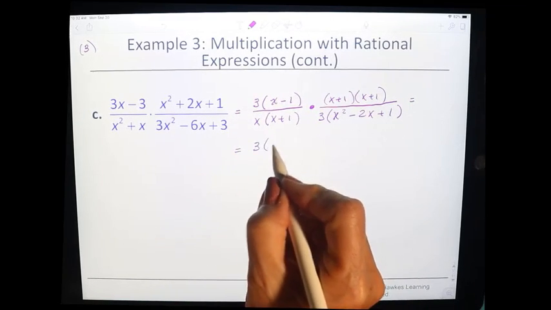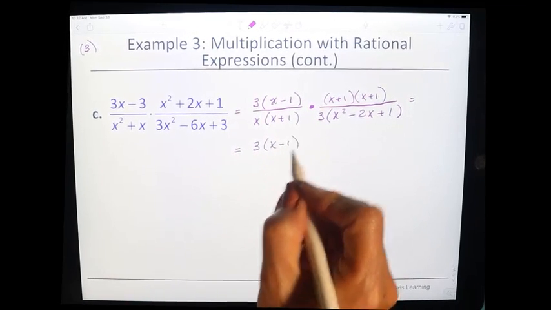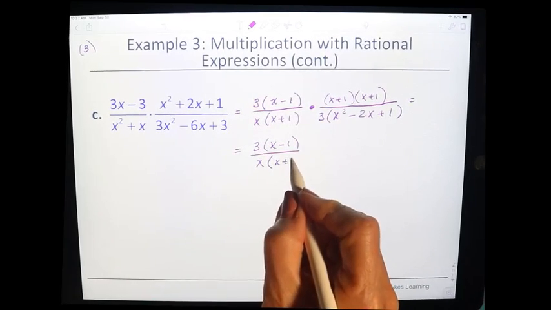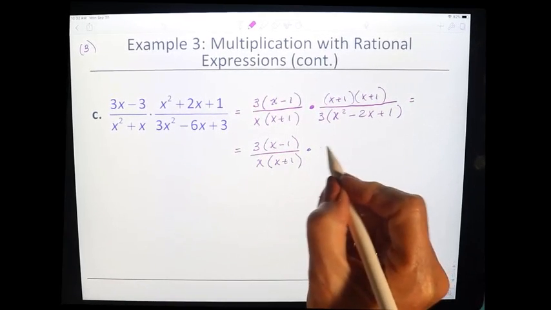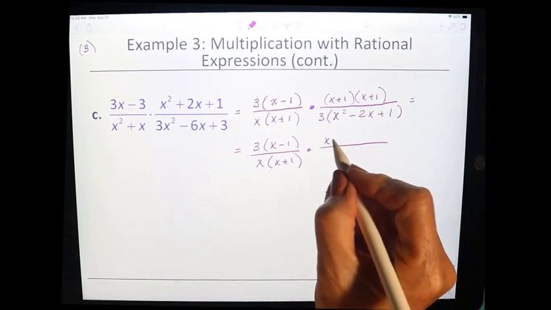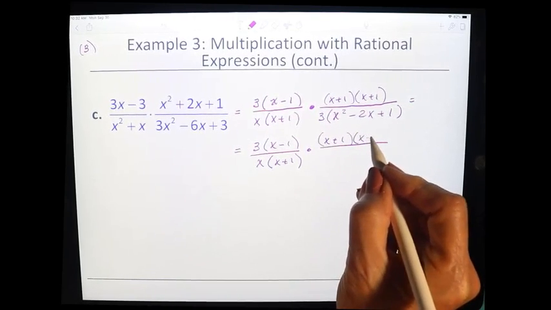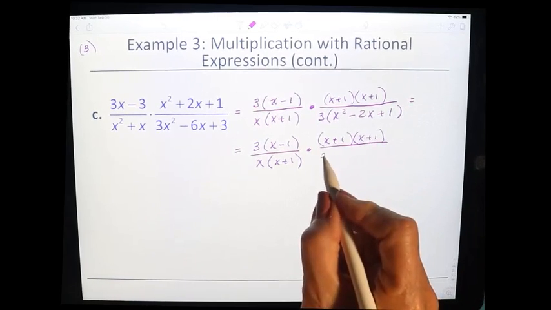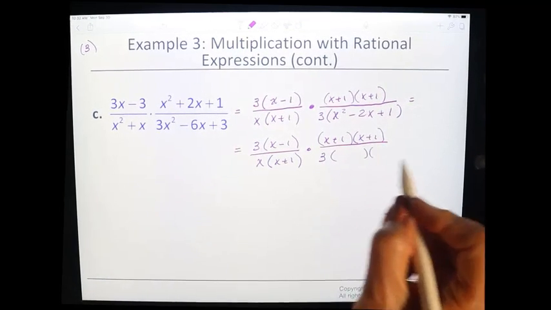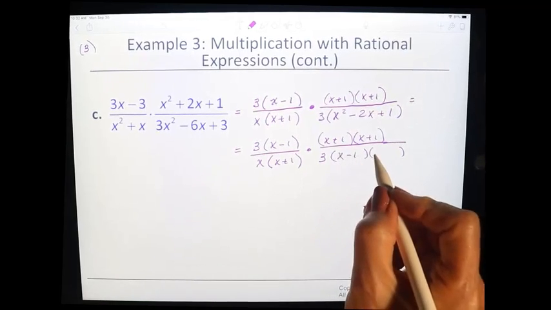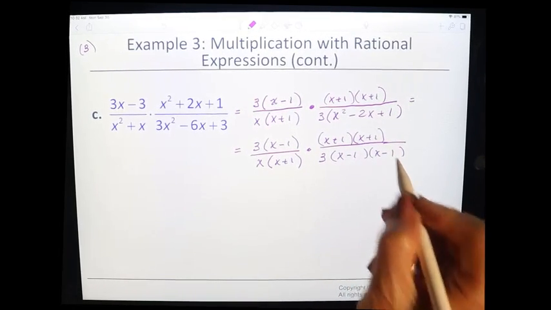You can take shortcuts in how you write this. But for clarity, I'm just going to copy everything down again and factor a little bit further in that second denominator. So don't lose the common 3, and then let's go in here and factor this x minus 1 and x minus 1.